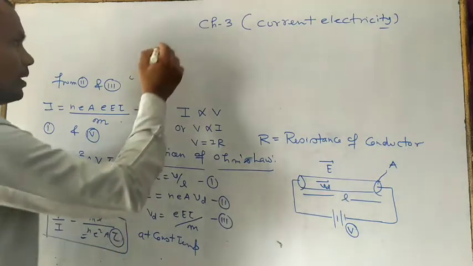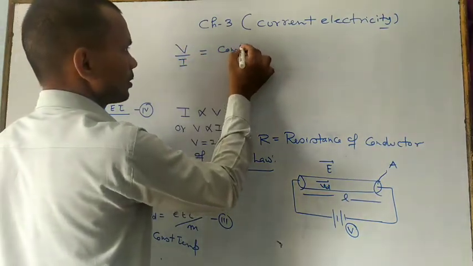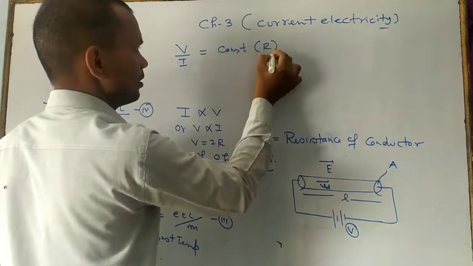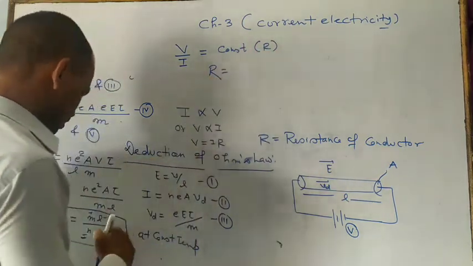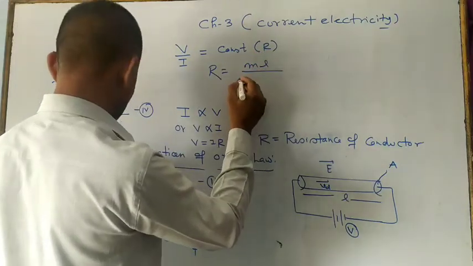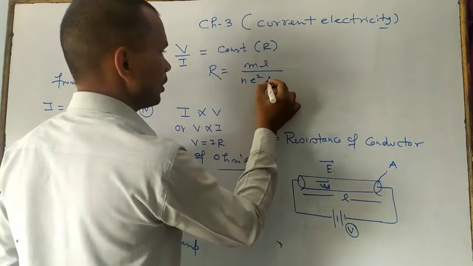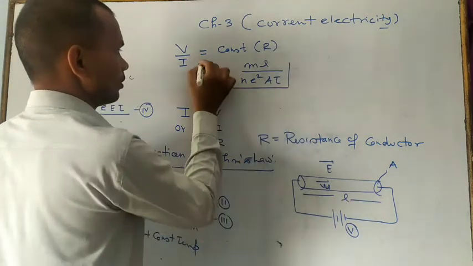So what we are getting is that V upon I is constant. And that constant we are calling R. So R is equal to ml upon n E square A tau, right?